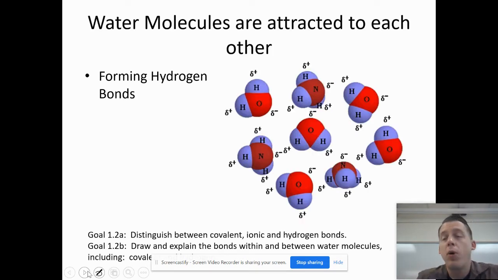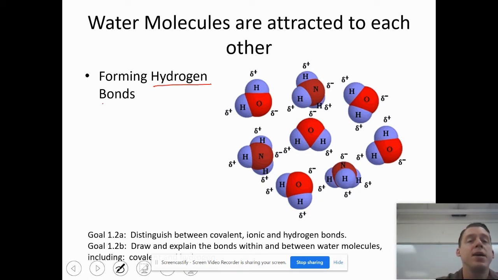Now, water is polar. That's why it has the positive end and the negative end. And that means that water can form a hydrogen bond. So what is a hydrogen bond? You may want to write this down. It's not written here, but I would write: a hydrogen bond is an attraction between the oxygen of one water molecule and the hydrogen of a different water molecule.